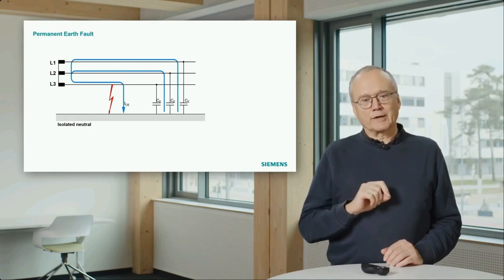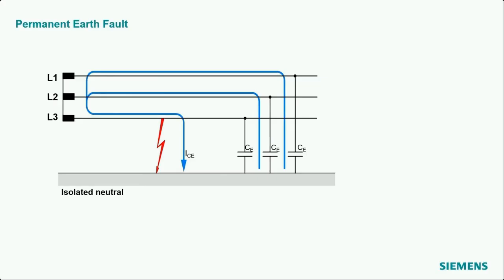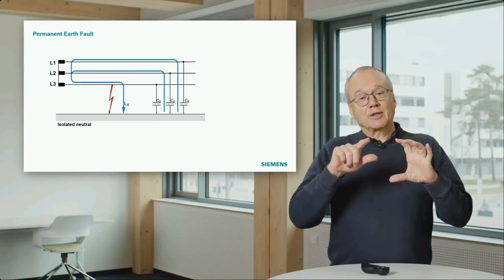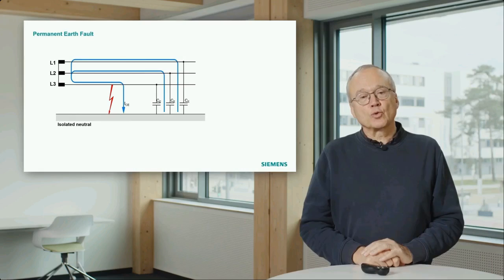And if you now look at phase L2, you have a series connection of the voltage source transformer L3 plus voltage source transformer L2. These two voltages are connected in series, and they feed a current through the capacitor representing phase L2.